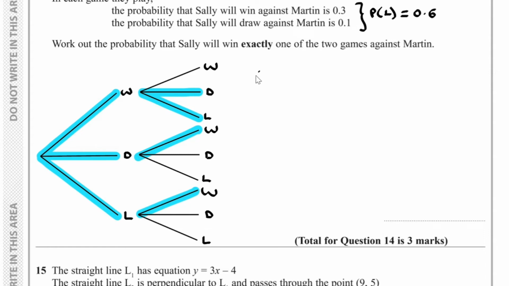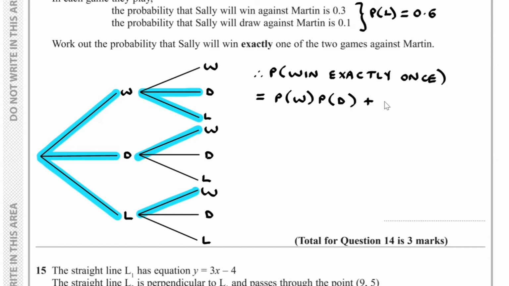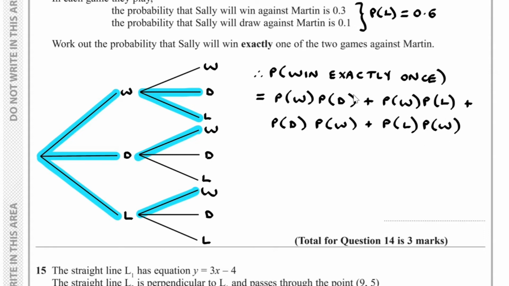So therefore, the probability that we win exactly once is equal to the probability of winning and then the probability of drawing. Then we've got the probability that we win and then the probability that we lose, and then the probability that we draw followed by the probability that we win, and then the probability that we lose followed by the probability that we win.